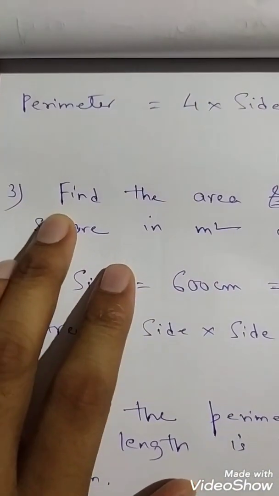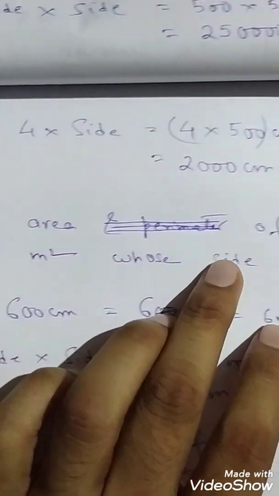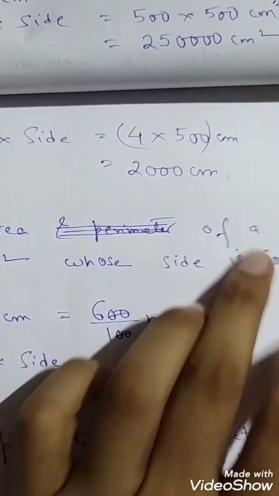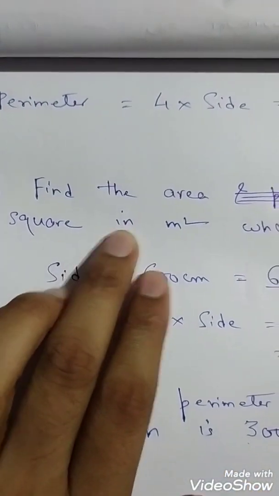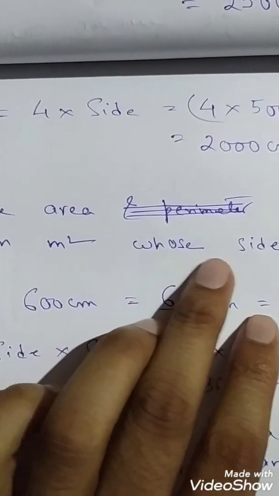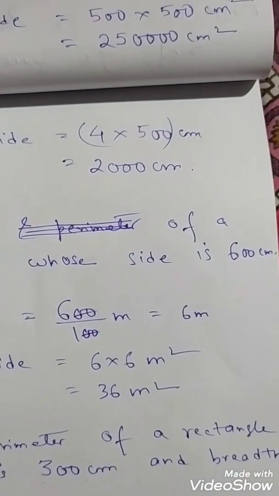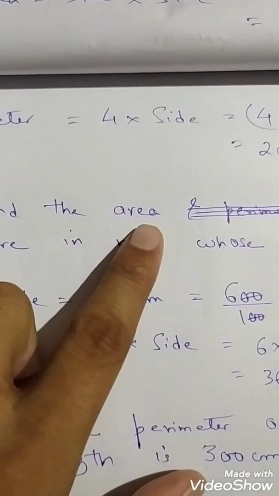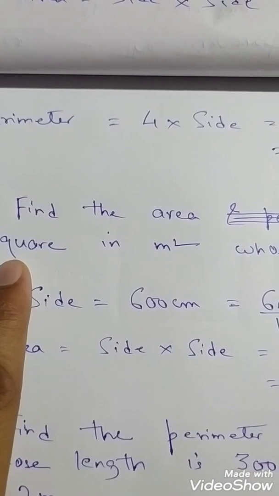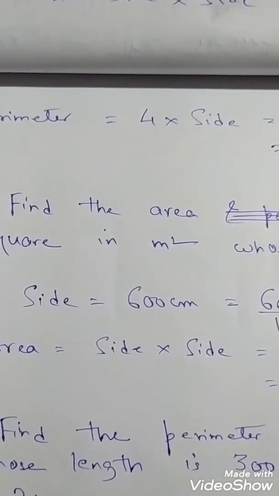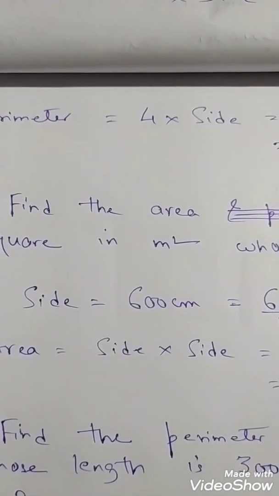Next question. Find the area of a square in meter square whose side is 600 cm. Here you have to be careful, because you have to find the area of a square and give the answer in meter square.